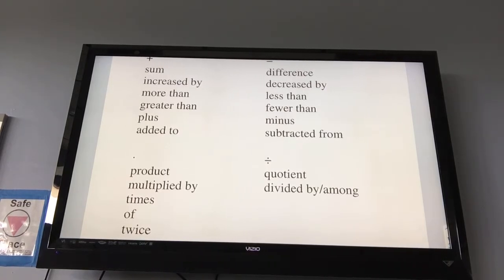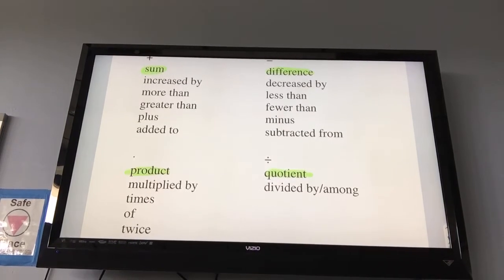If we miss that, I'm not sure what I'm going to do. And when I say divided by, if you don't know that's division, then I would be worried. Okay? I wouldn't be as concerned if you missed these things, because these are words that describe the operation that aren't as common as plus, added to, subtracted from.